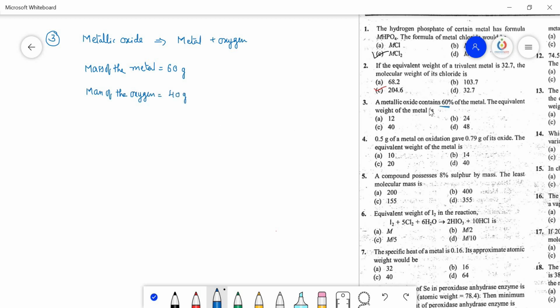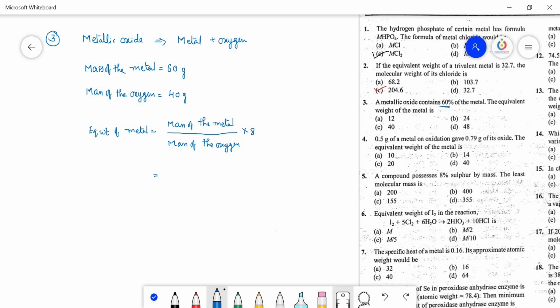Then how to calculate the equivalent weight of the metal? Equivalent weight of metal formula is equal to mass of the metal divided by mass of the oxygen, into 8.